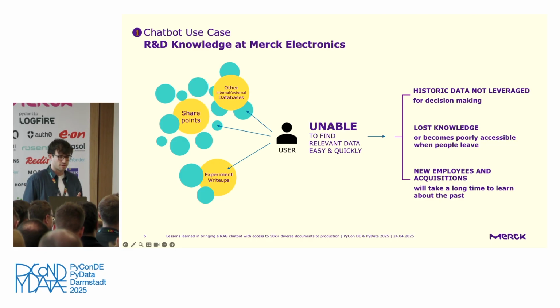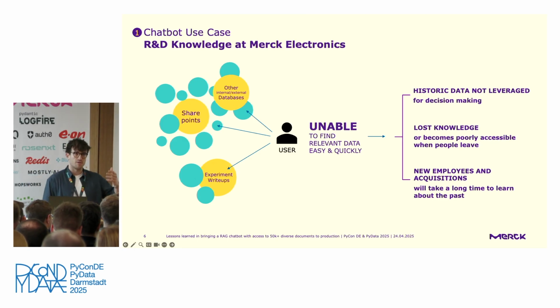And you would also have the challenge that knowledge would become lost or poorly accessible when people leave the company. And then finally, it's also challenging to onboard new employees and to deal with company acquisitions, because every time we acquire a new company, it comes with its own data and knowledge stored in various systems, and it makes it ever harder for people to browse these various systems to find the relevant information.